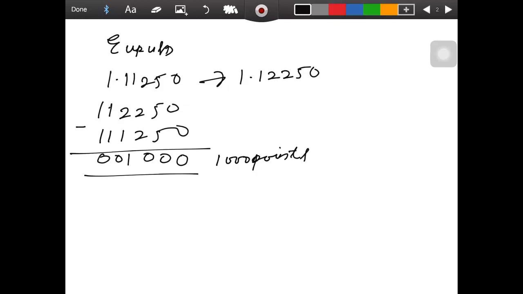Now remember, 10 points equals 1 pip. That means 1000 points equals 100 pips.